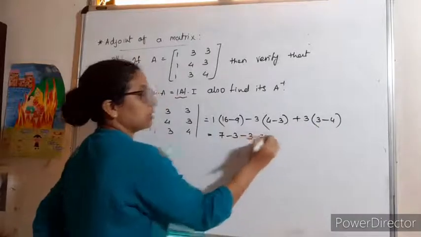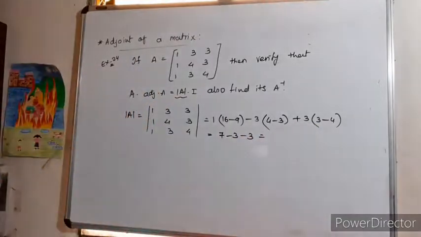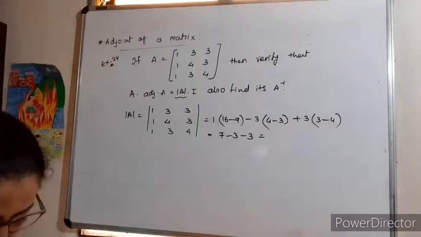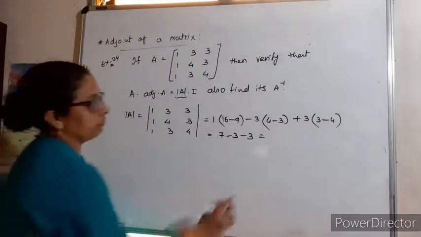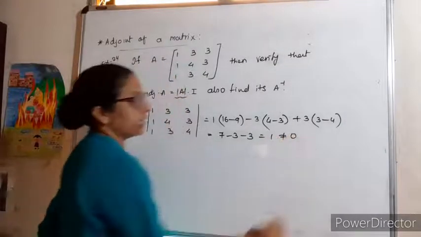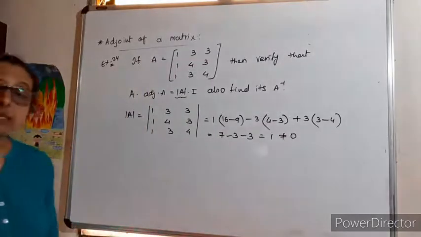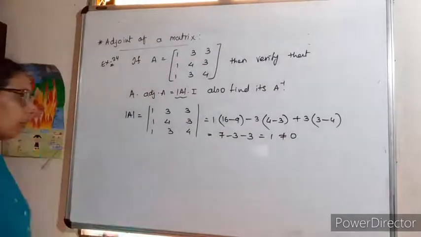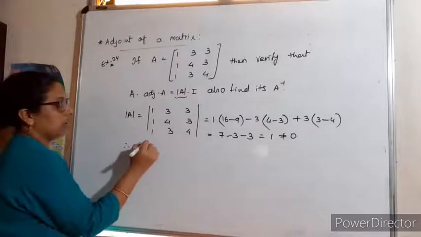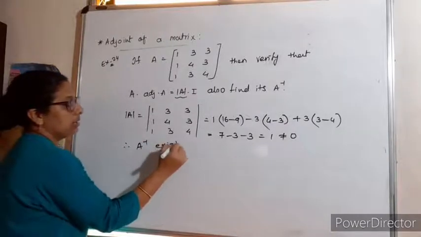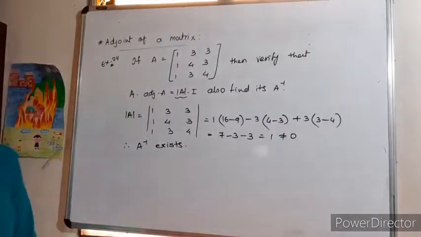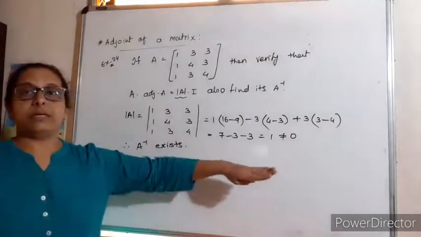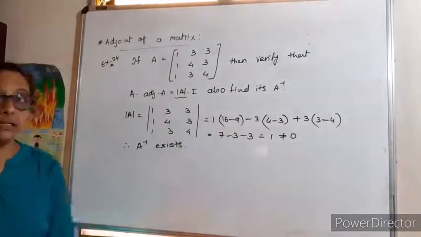Here again minus 3. So 7 minus 3 minus 3, what is it? 1. Not equal to 0. If the determinant is not equal to 0, therefore A inverse exists. If the determinant becomes 0, then stop here only, that inverse does not exist.